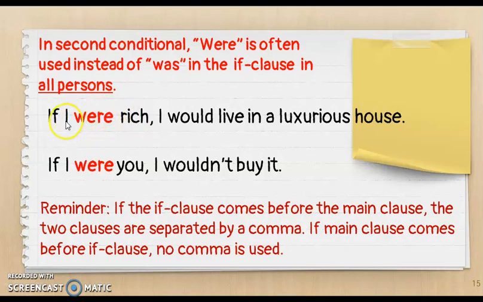Normally, the to be verb form in the past tense is was. But here, why do we use were? Because it's an imaginary, unreal situation. That is why it's used, if I were rich. If she were rich, she would live in a luxurious house. So were is used in all persons.